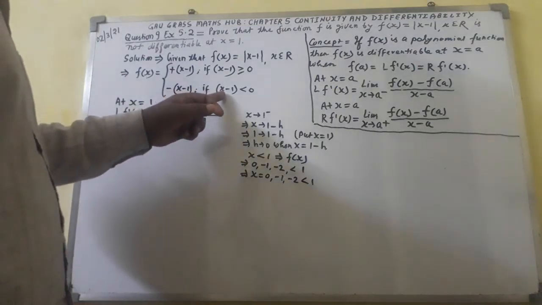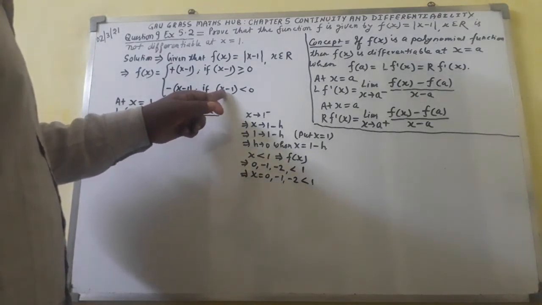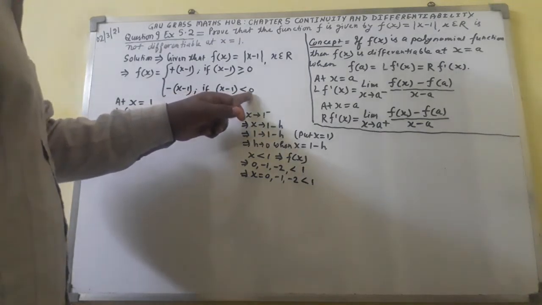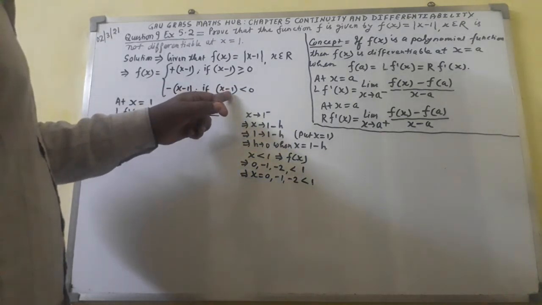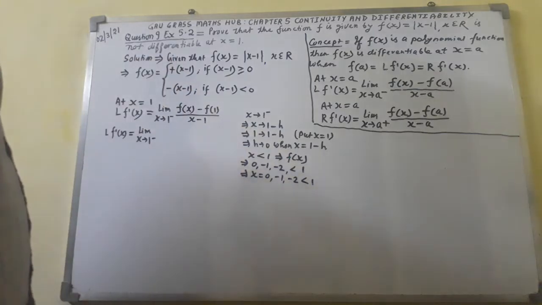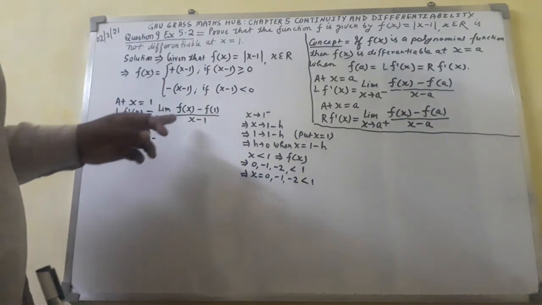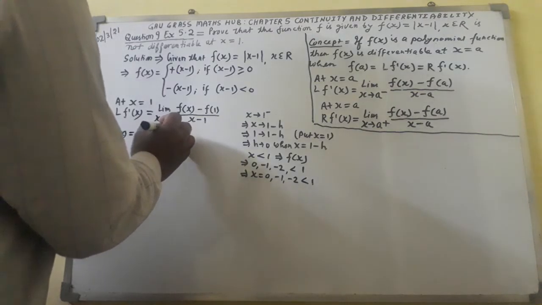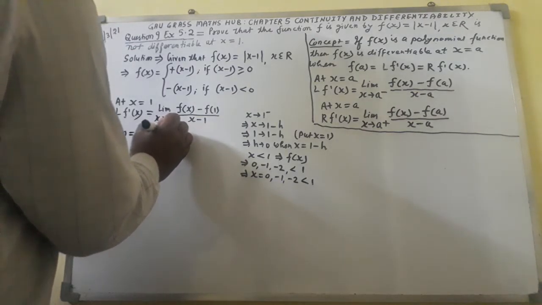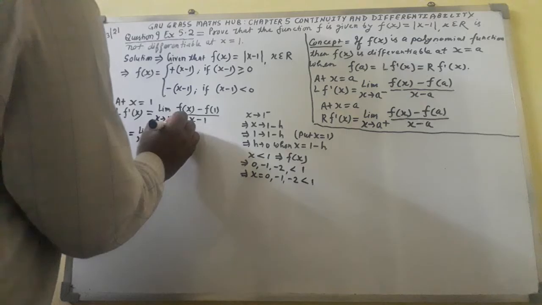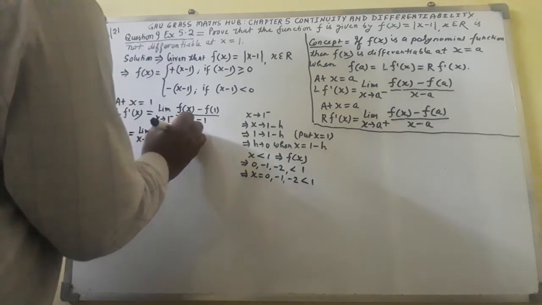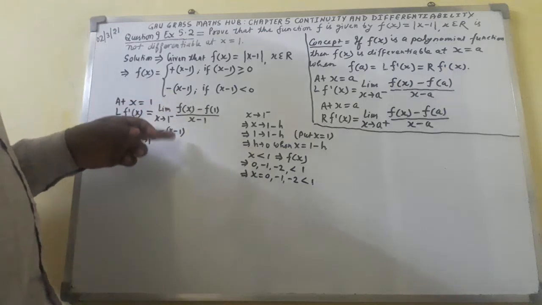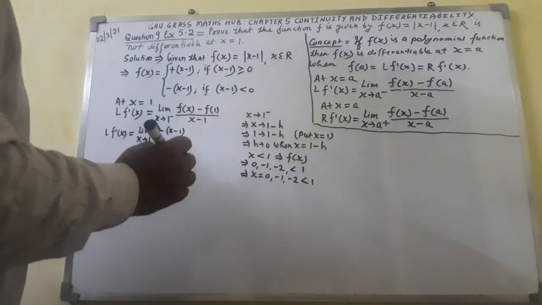If you put here x equal to minus 2, minus 2 minus 1 comes out here minus 3 is less than 0. So this means that I shall take this function. So in place of f of x, I shall write here minus x minus 1, because I shall choose this function.